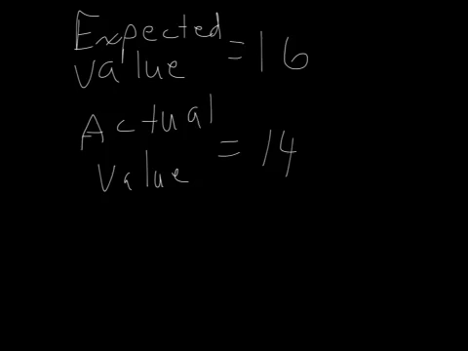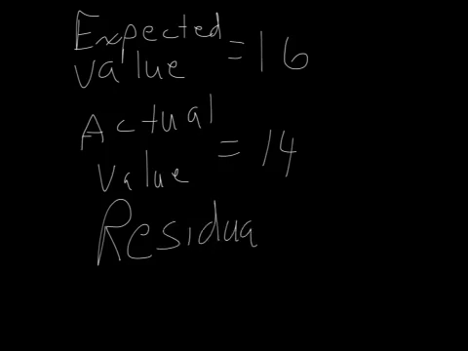And this is going to be fine, because as we said, scatter plots are meant to model data. They don't necessarily have to have the data exactly. But if our expected value is 16 and our actual value is 14, we can calculate the residual. And the residual is the difference between what we expect and what we have.